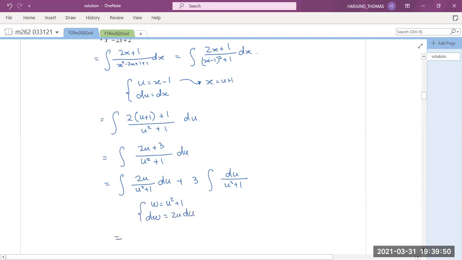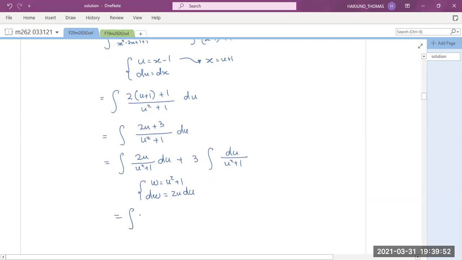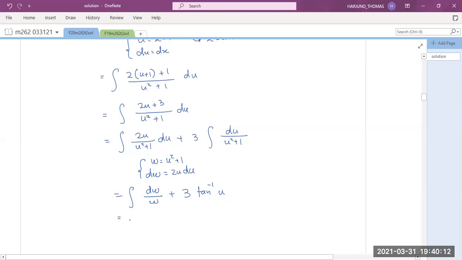So this is the integral of dw over w plus 3 times tangent inverse u. Oh, I don't need to plus constant, I still have integral there. This is natural log of absolute w plus 3 times tangent inverse of u plus constant.